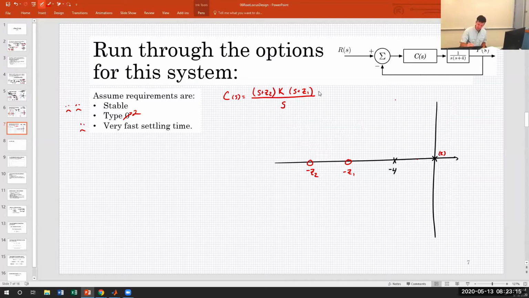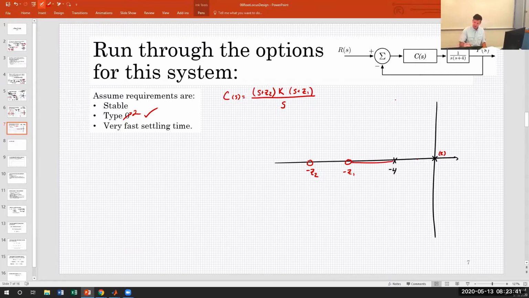Okay, so this design is type 2, right? We've got the extra integrator, so we've got two integrators. That's good. Let's check for stability. So this is still out, this is still out, this is in, this is out, but this is now in, okay?